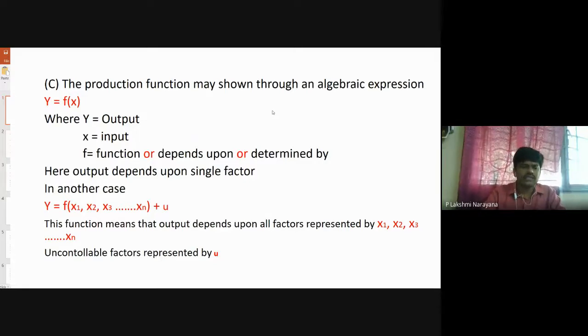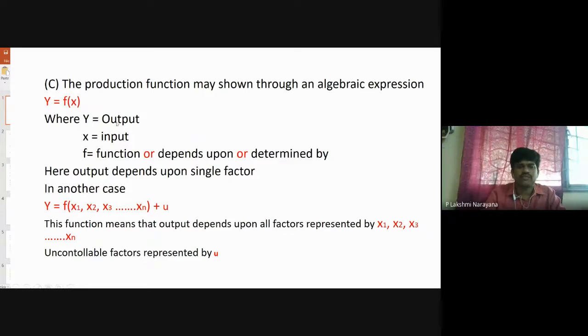In another case, y is equal to f of x1, x2, x3, and so on xn plus u. In the earlier case, y is equal to f of x. It means x is only one variable, a single factor.